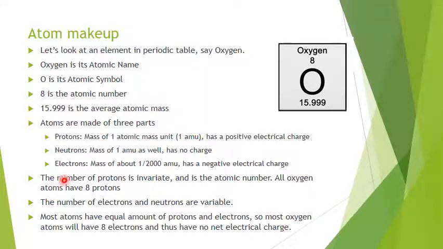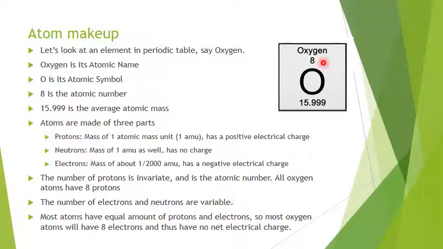A key thing is that the number of protons of an atom is invariant, meaning it never changes, and it's the atomic number. So here's the atomic number, and this also tells me how many protons it has. Now the number of electrons and neutrons can vary.